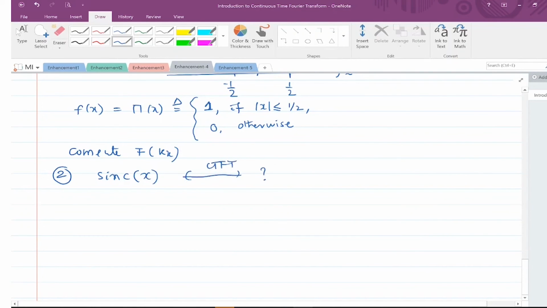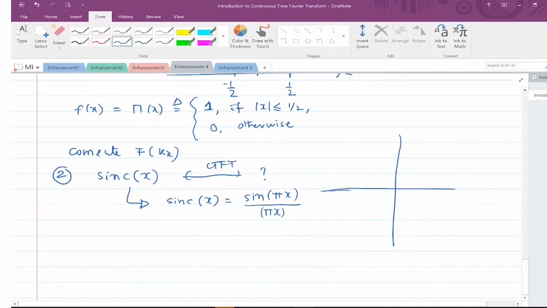What is that? As we discussed earlier, there are two definitions of it. In physics, usually the sinc of x, we write it as sine of pi x by pi x. There is another notation people follow to represent sine of pi x by pi x; they write it as sinc of pi x, but we will follow the notation sine of pi x by pi x.